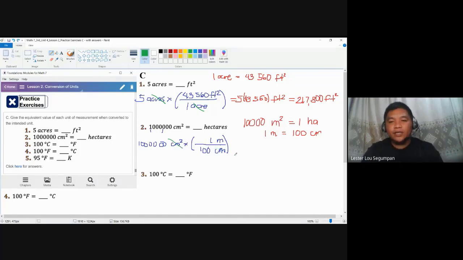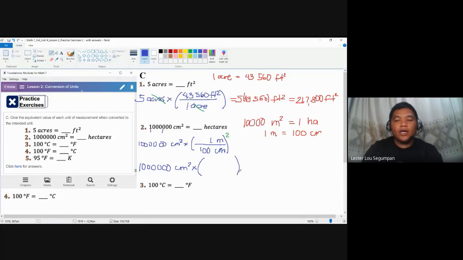So what we could do here is express the conversion factor by squaring that conversion factor, so that we will have 1 million square centimeters times.